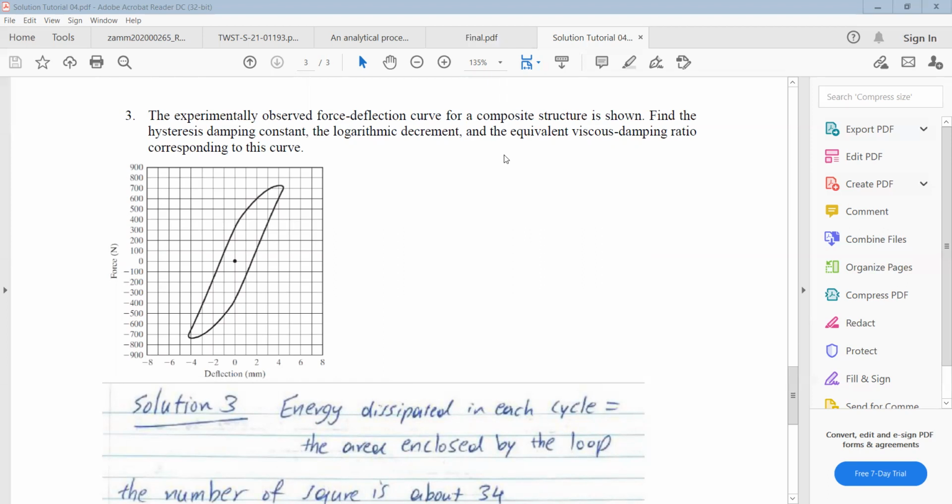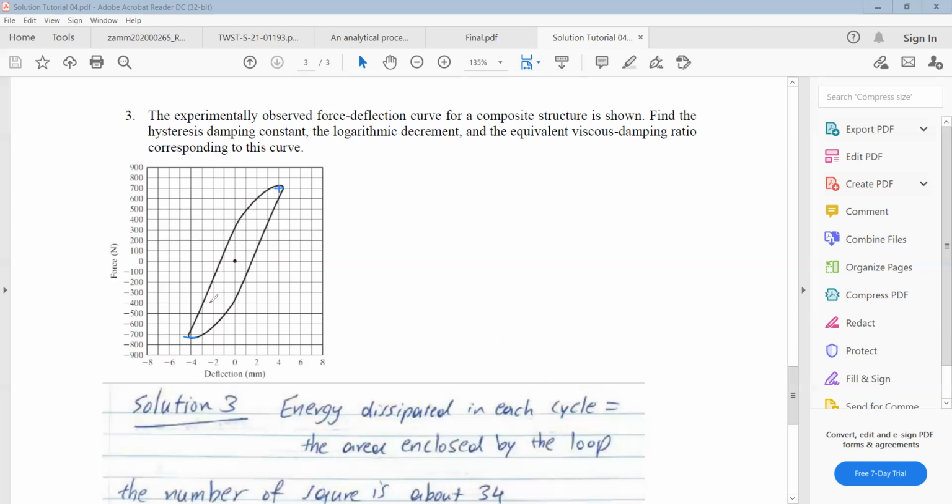Yes, no problem. As I told you, when you calculate the area, it is only an approximation. For example, you can consider these small parts together as one complete square, or you can consider half a square.